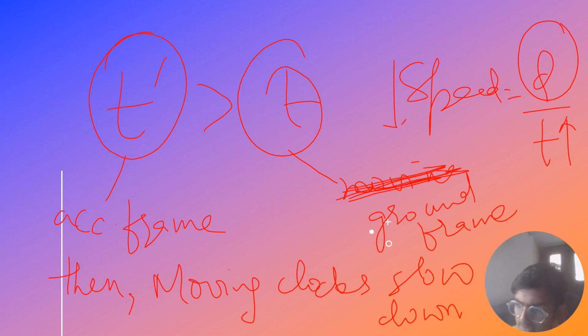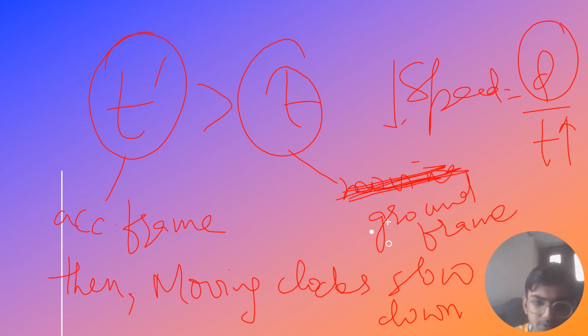Like if we are sitting in a train and observing the activities happening on the ground, then we will see the ground as moving. Any person who is in a particular frame is at rest with respect to that frame. So the concept of accelerating frame or ground frame is all based on the point of reference. These are relative terms, in short.